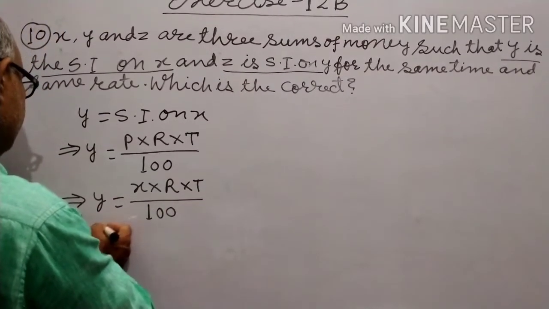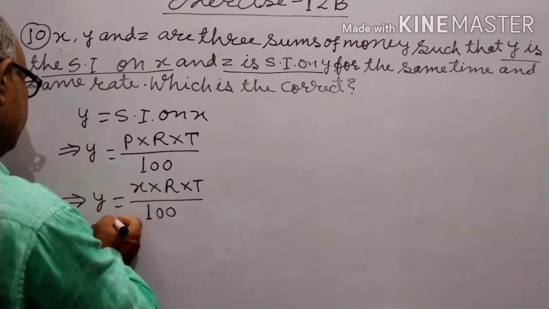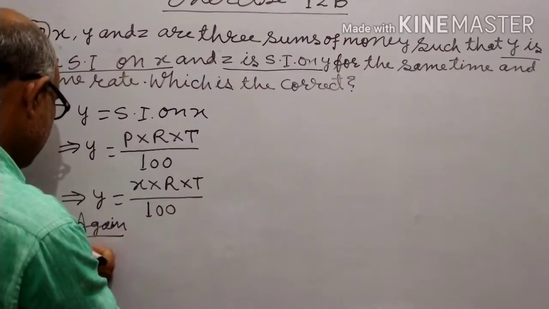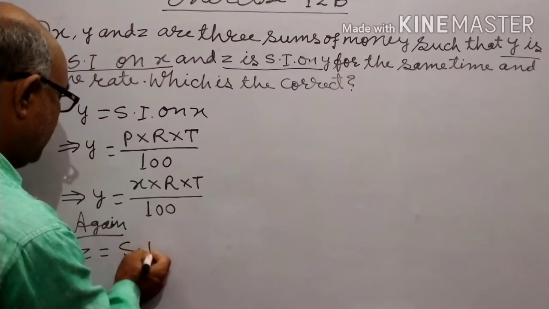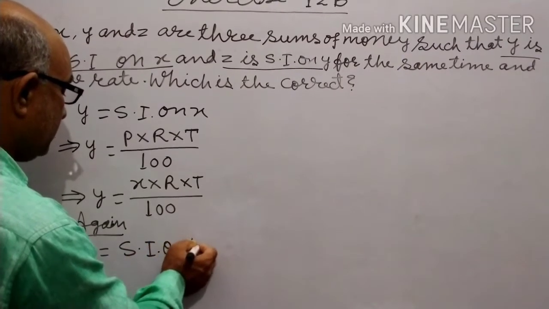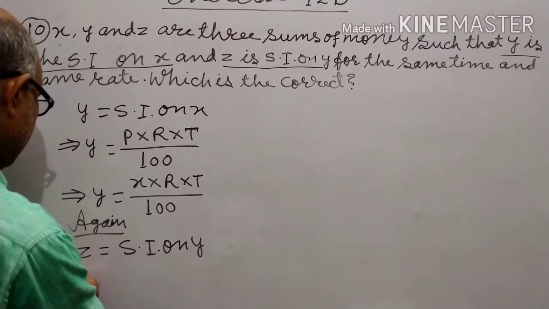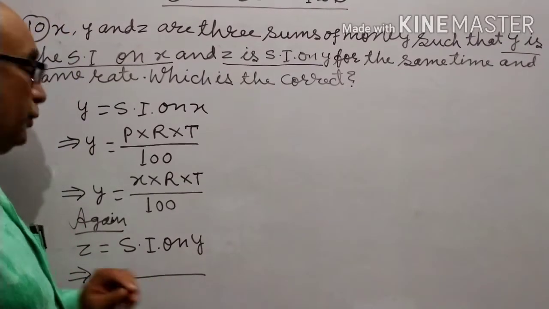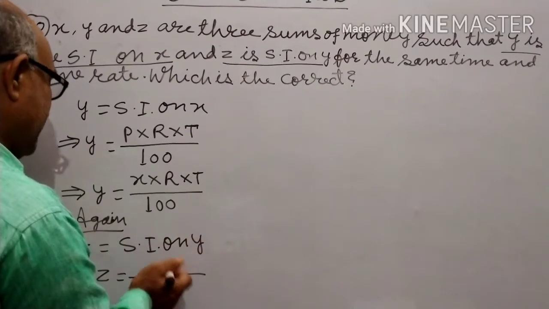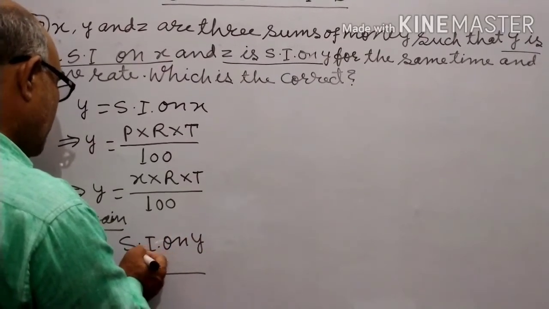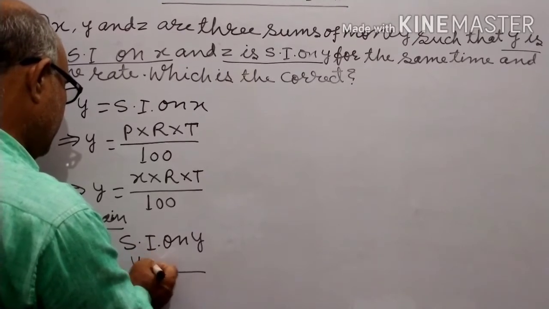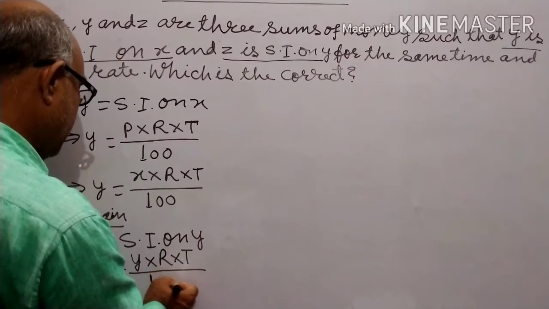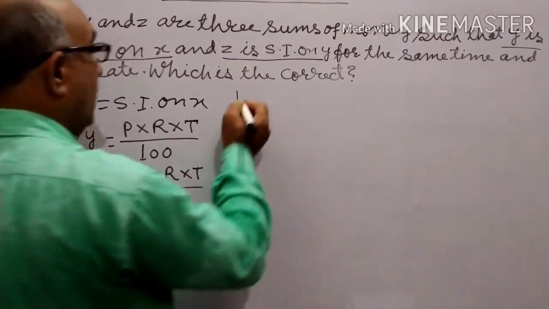Again, Z is the SI on Y. Z equal to SI on Y. That implies Z equal to SI equal to P into R into T. R and T are same for both principals. So Y into R into T by 100.